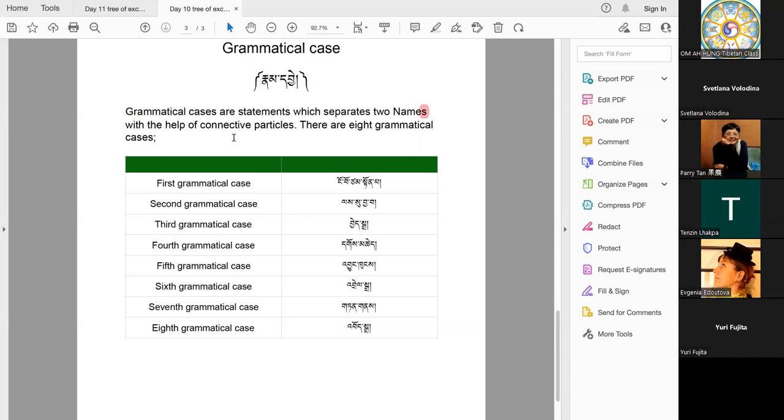And these 8 usage cases have different criteria to be fulfilled. And the other thing is that in these usage cases, normally it just separates to name. So no sentences or no phrase, just to name. So these are the first grammar. So let me just read the Tibetan.